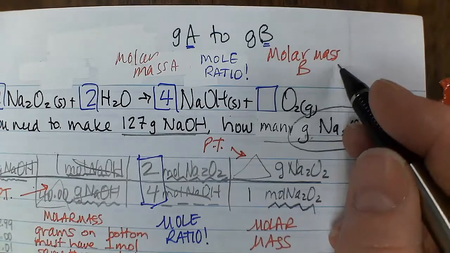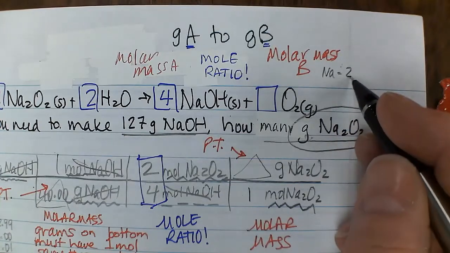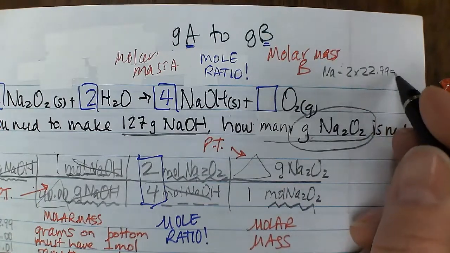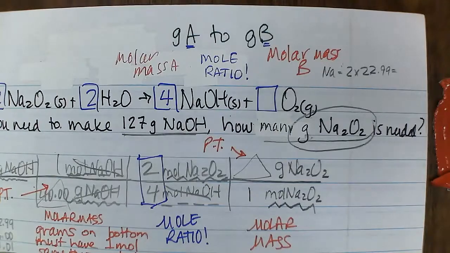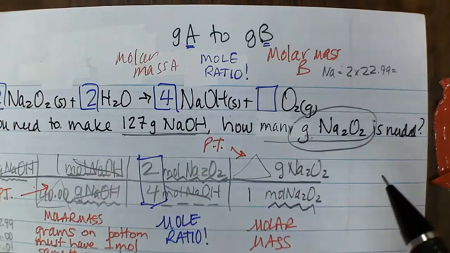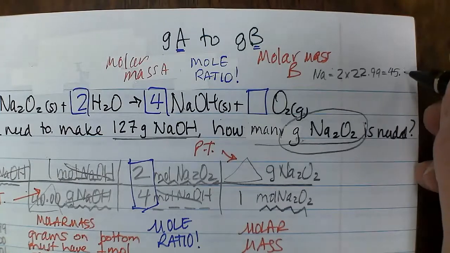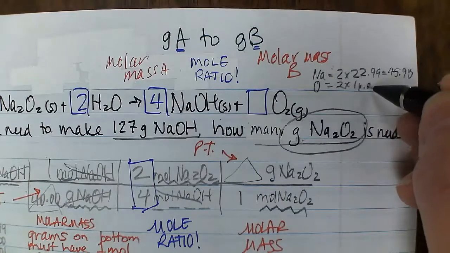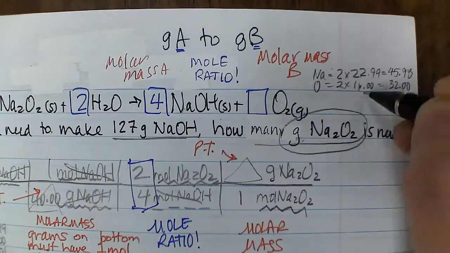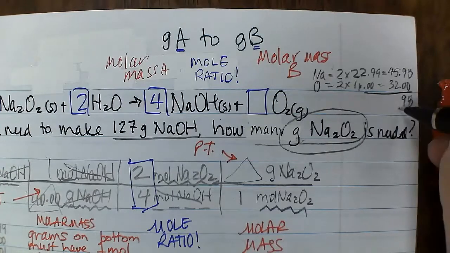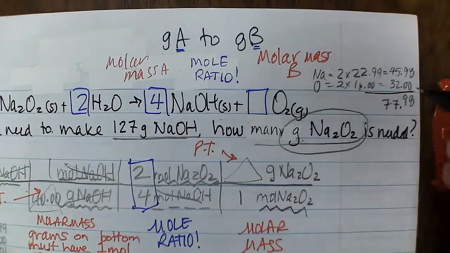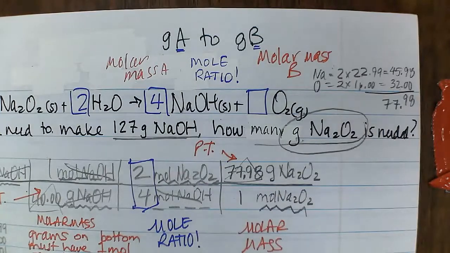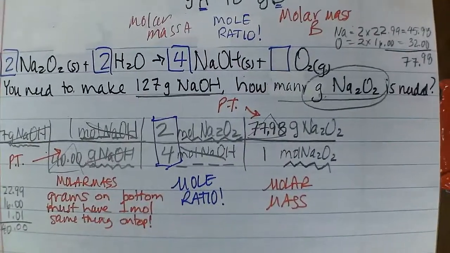So I have Na, there are 2 of them this time, so I'm going to take 2 times the 22.99. So 45.98. For the oxygen, I have 2 of them times 16.00, so that's 32.00. When I add those together, I get 77.98 grams for the Na2O2.